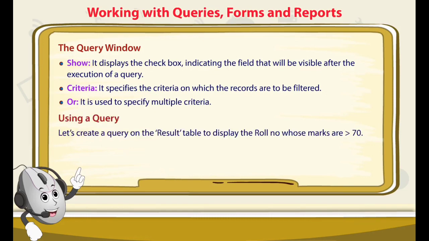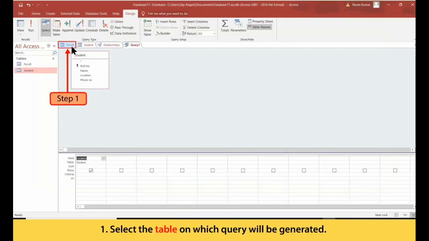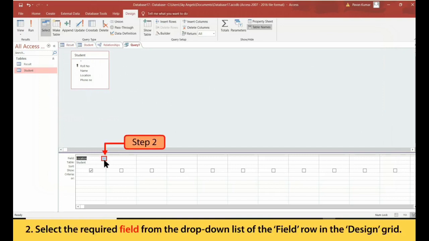Using a query. Let's create a query on the result table to display the roll number whose marks are greater than 70. Follow these steps to use a query. 1. Select the table on which the query will be generated. Here, we are selecting the result table. 2.